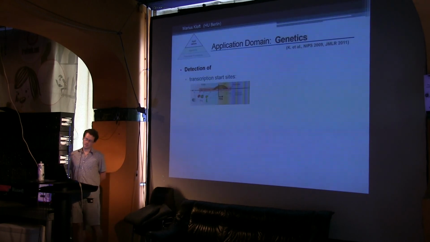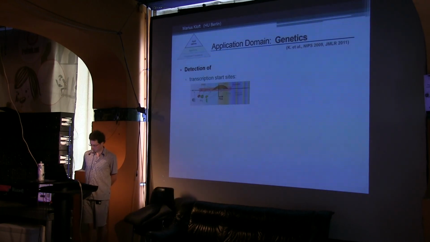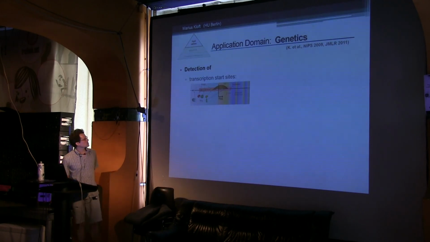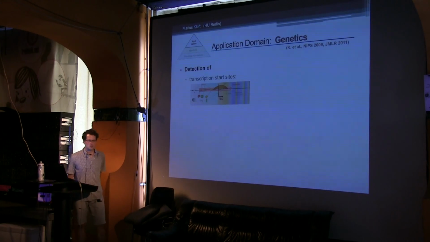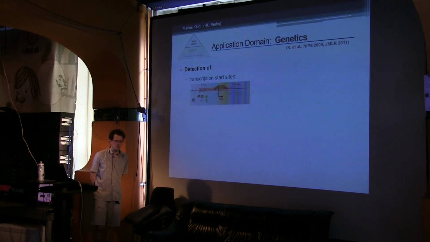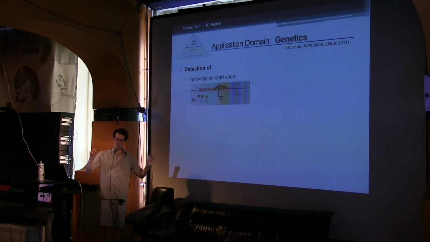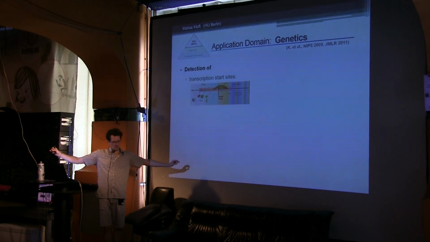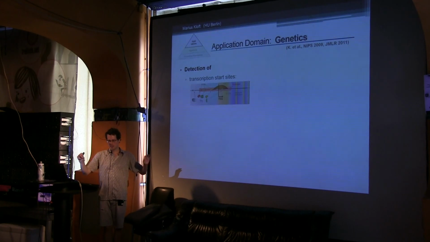But here we have this very interesting genetics application where the aim is essentially to find genes within the genome. Genes are positions in this super long genome that encodes all the information that leads to us having green or blue eyes and all these kinds of things.